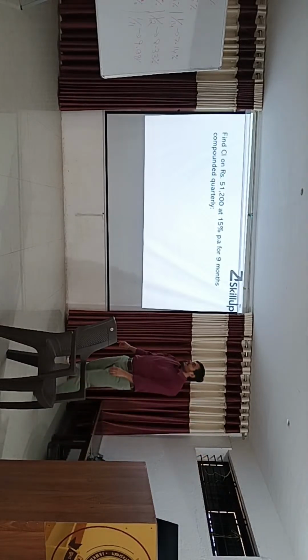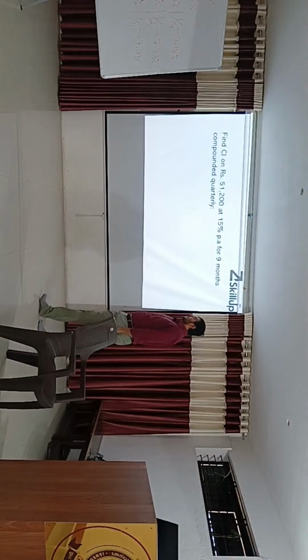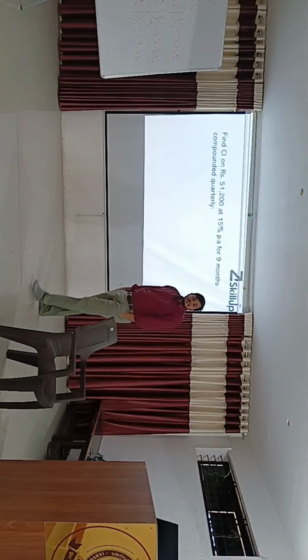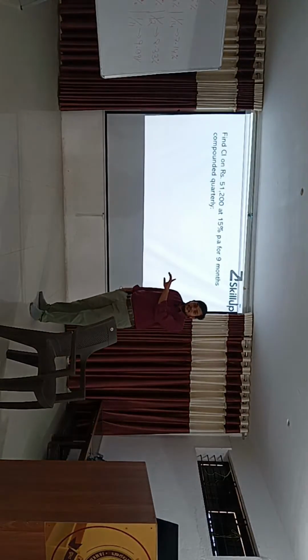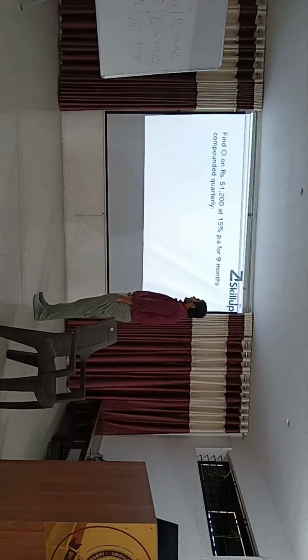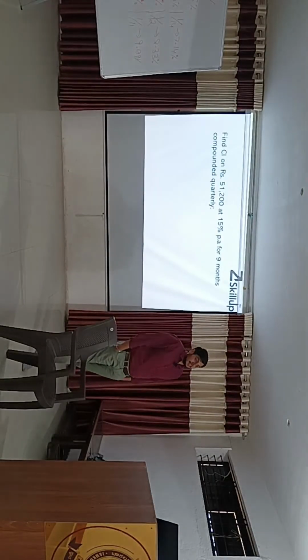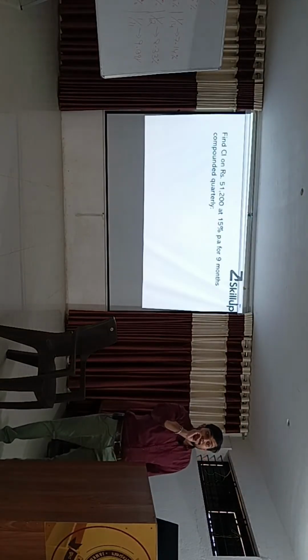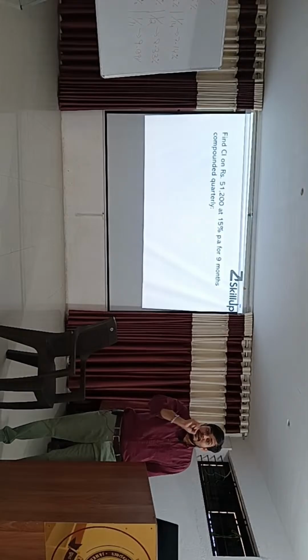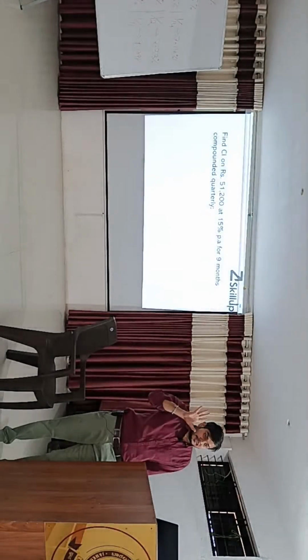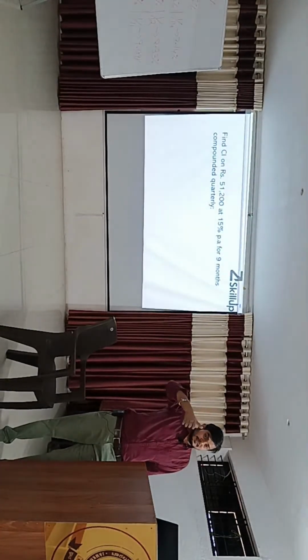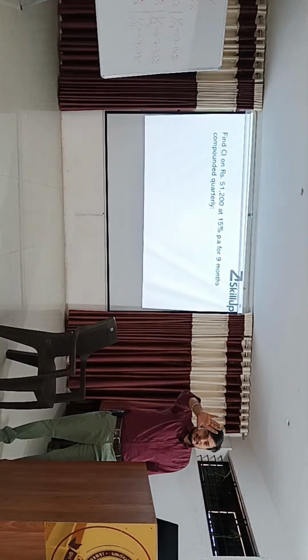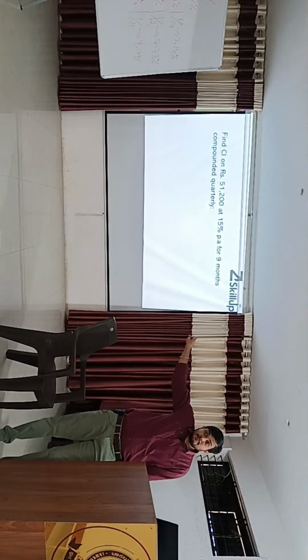A very different one. Now what do we need to find? Compound interest on rupees 51,000. The rate of interest given is 15% per annum. That means for 12 months. For how many months is the time period? 9 months.